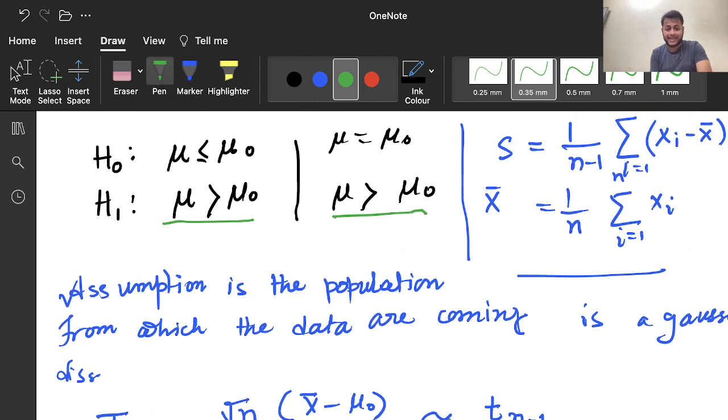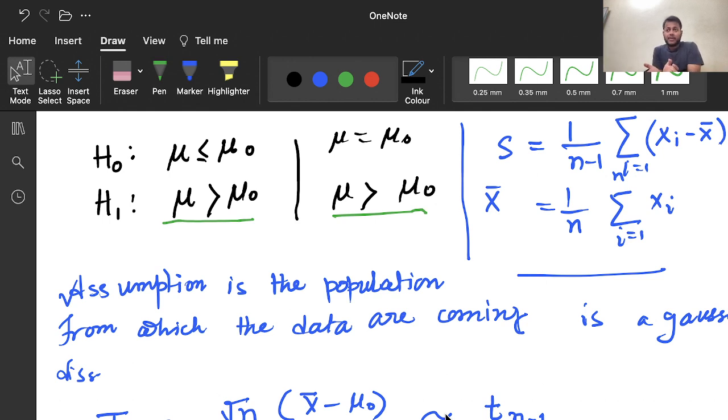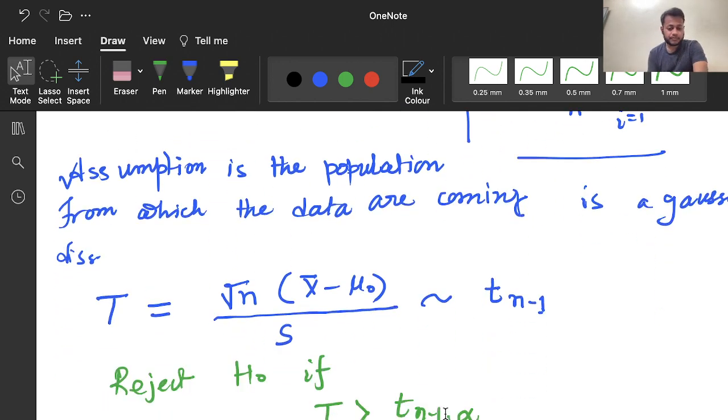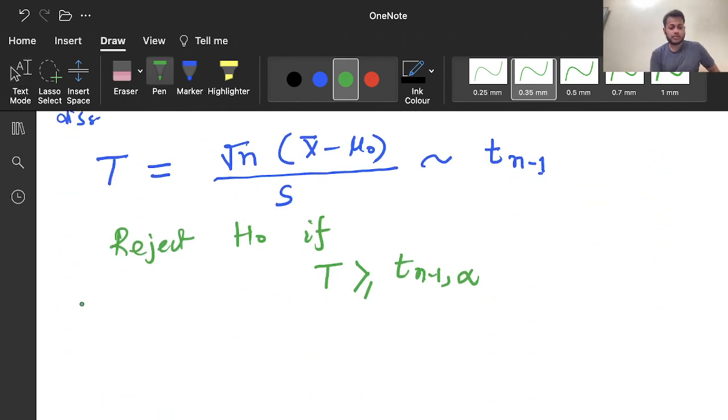Then I will say that my observed data cannot be described by the null hypothesis, or the other way around, my data will be well explained by a distribution whose mu is greater than mu 0. That's it.